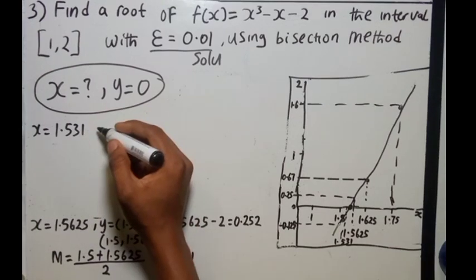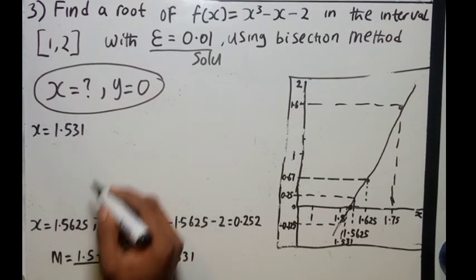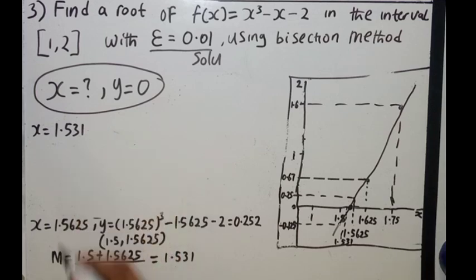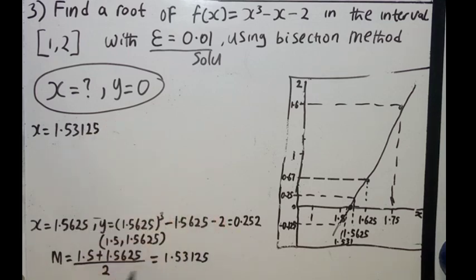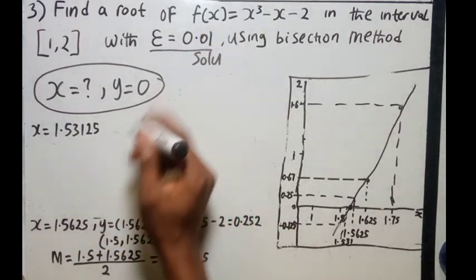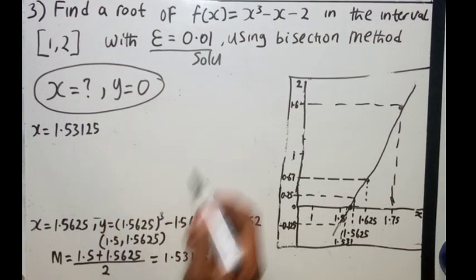Now I think I should complete this. This is 1.53125. Let us keep this intact first so we can get our tolerance factor quicker.